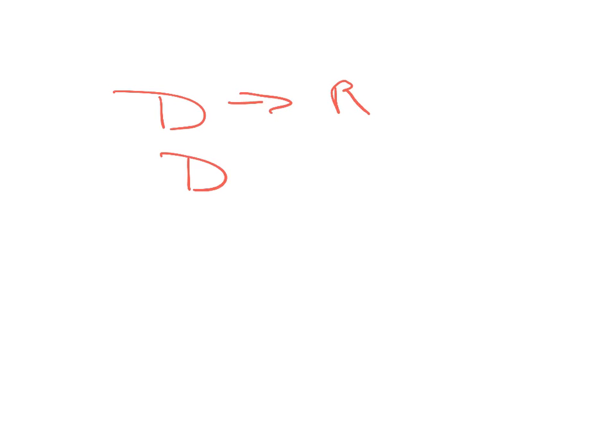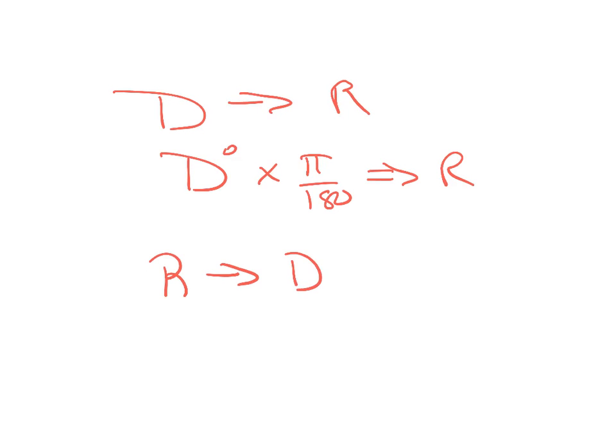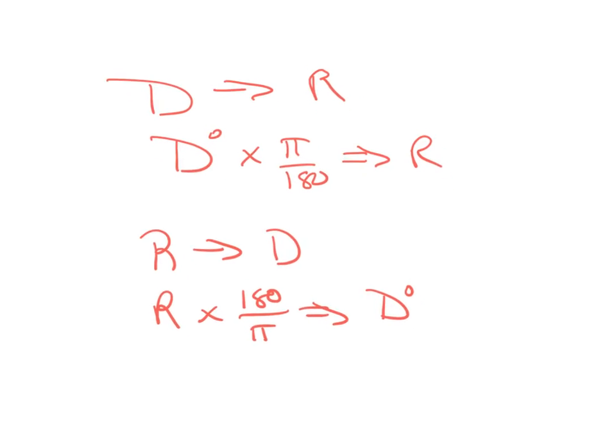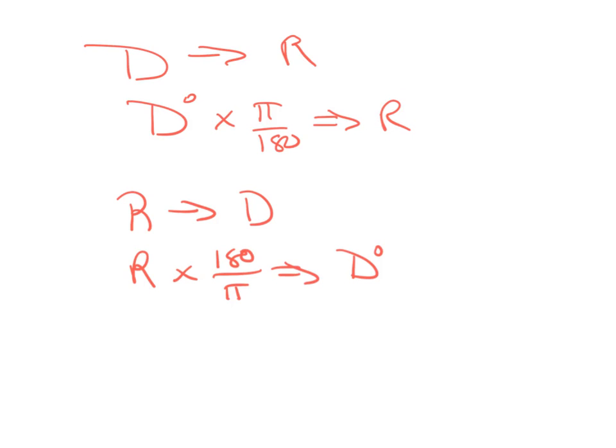So what you need to memorize from this section is that when you're converting from degrees to radians, you take your degree measure and multiply it by pi over 180. This will give you your answer in radians. If you want to go from radians to degrees, you take your radian measure and times it by 180 over pi, and this will give your answer in degrees. The other thing you need to memorize from this lesson is that to calculate arc length, you multiply radius times theta.